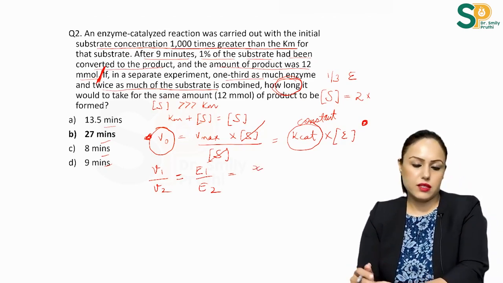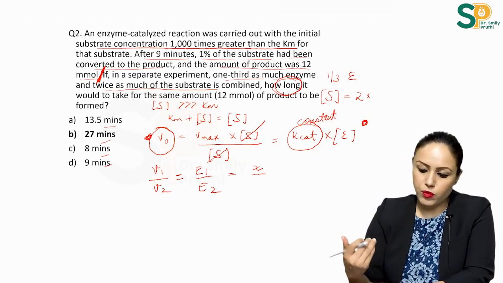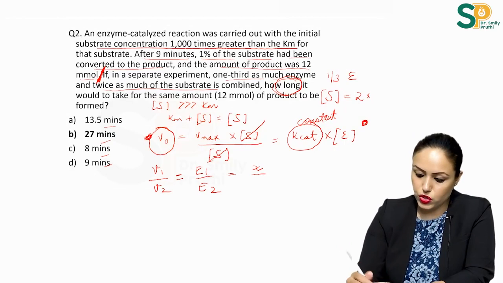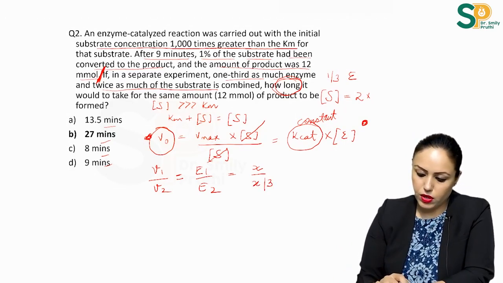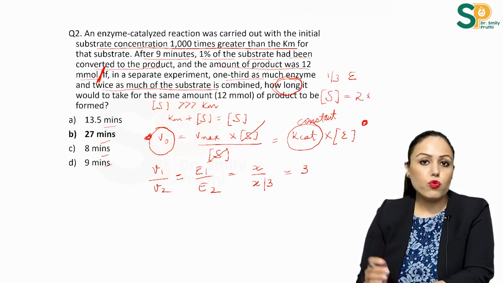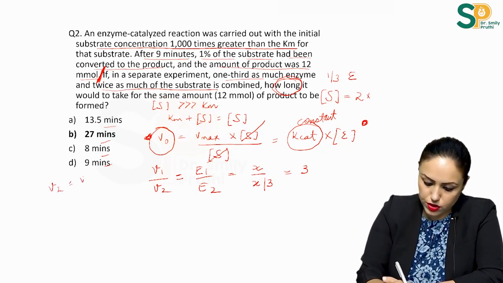Let's take it as X. E2, in the second situation, enzyme concentration is 1/3, so it is X by 3. So this is equal to 3. So what will be the velocity in the second case? V2 is equal to V1 by 3.